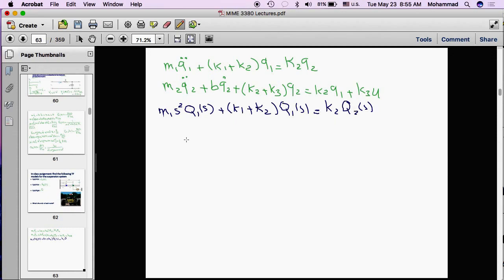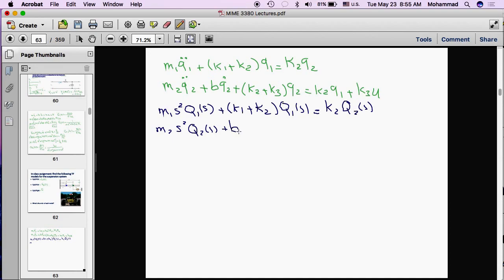Let's go to the second equation, which will become m2 S squared Q2 of S plus B multiplied by what?